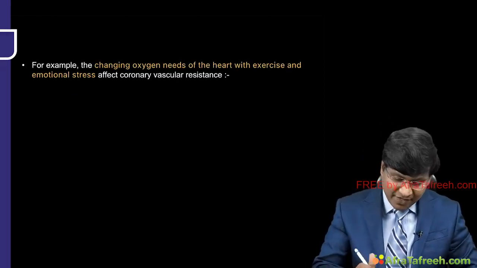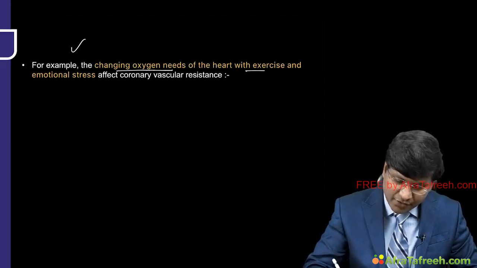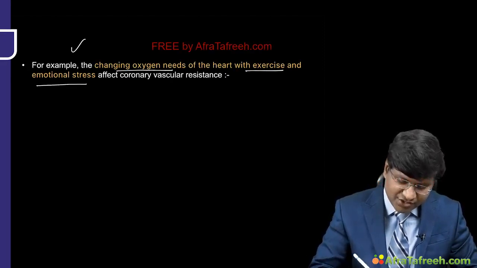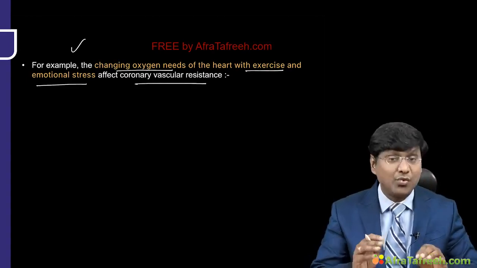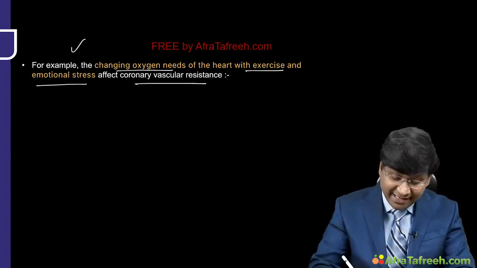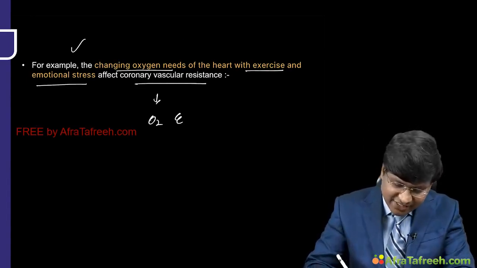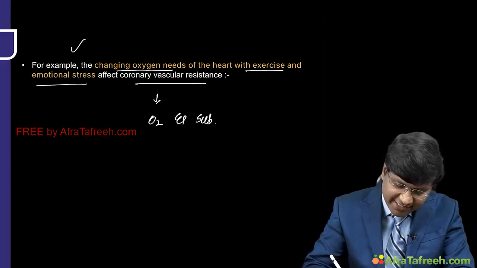For example, the changing oxygen needs of the heart with exercise and emotional stress affect the vascular resistance. In this manner, they regulate the supply of oxygen as well as the substrate to the myocardium.